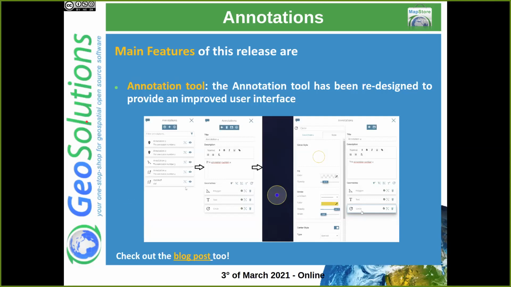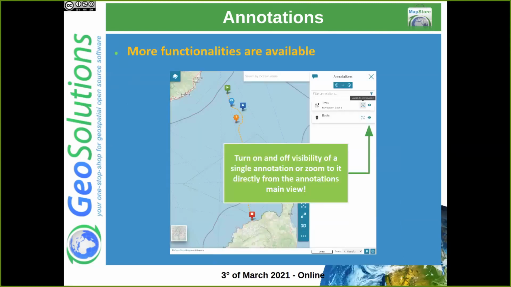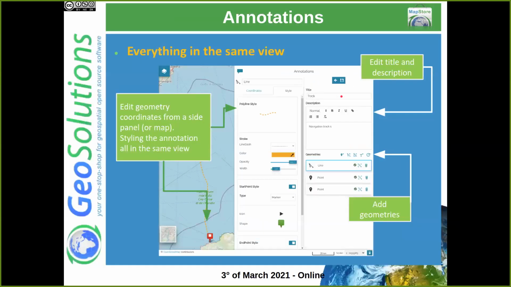One of the coolest ones is the annotation tool that has been totally redesigned in order to provide an improved user interface. You can now turn annotations on and off or zoom on them directly from the annotation main view, and you can edit the whole annotation by selecting it. You can edit geometry and style it in the same panel.